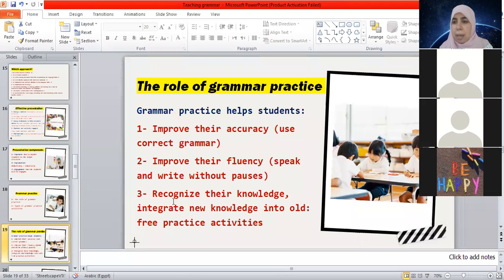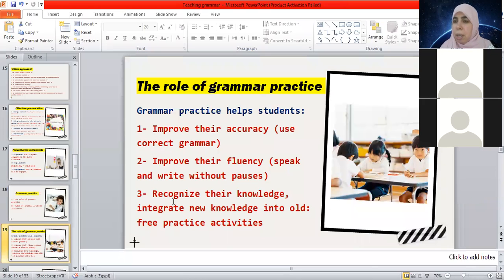Okay, so again, I can improve accuracy. This is all about the form. I can improve fluency, not only speaking and writing, and I can do free activities to help them integrate what they have already learned before and the new knowledge they are practicing.